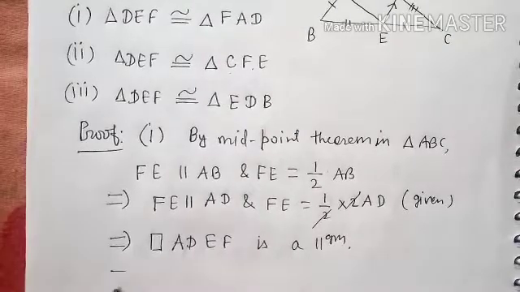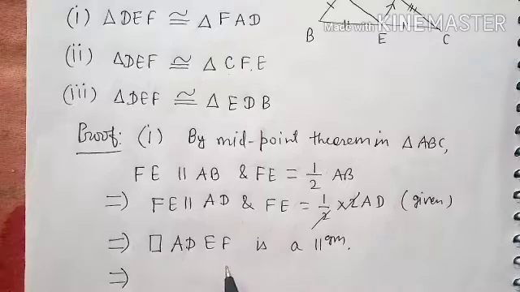Then you know the property of a parallelogram, that the diagonal of a parallelogram divides it into 2 congruent triangles.